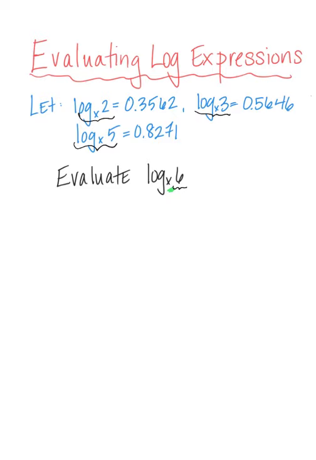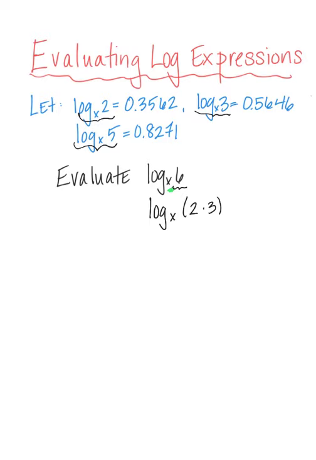Well, if you think about that, 6 is really log base x of 2 times 3. Now, I'm trying to figure out what decimal value this will be equal to.